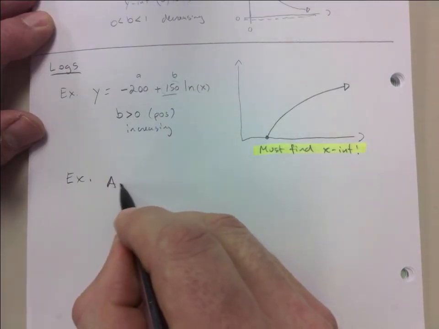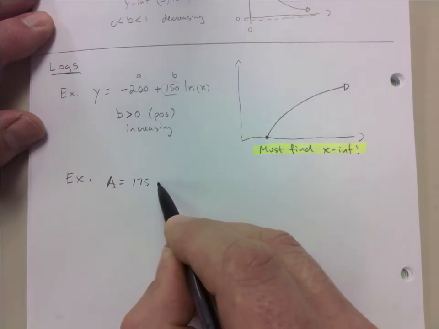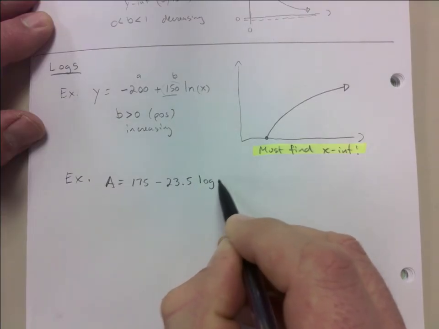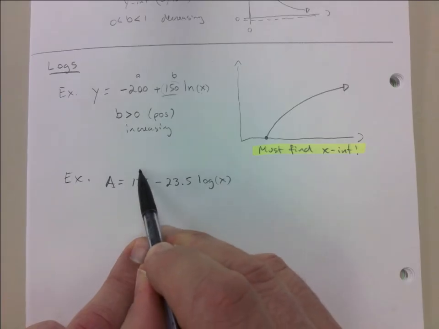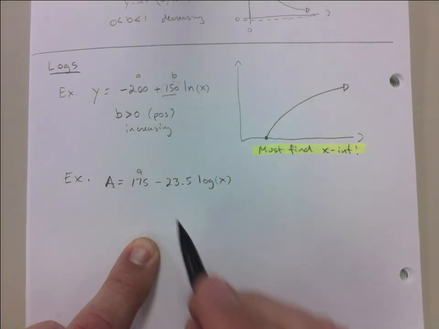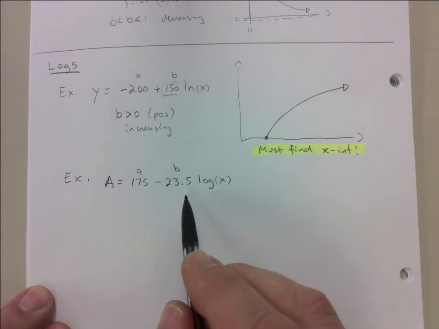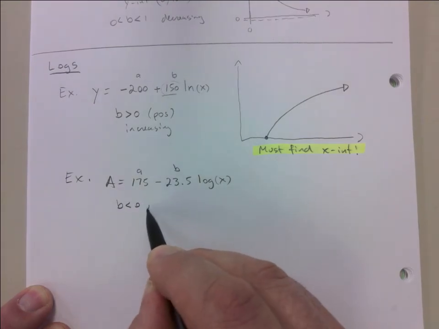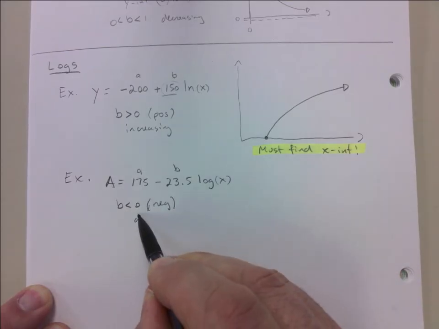Let's say a is equal to 175 minus 23.5 log of x. Again, sure, a is good. It helps us sometimes, but b is the one you want to look at for sure. So b is less than 0, which is negative. Okay. So this is decreasing.